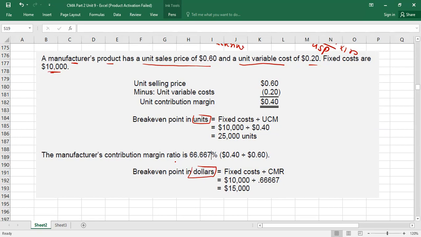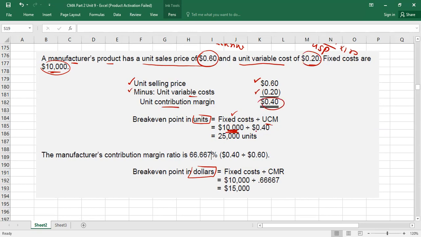If I want to calculate break-even point in units, I have to apply this formula: fixed cost, which is $10,000 given here, divided by unit contribution margin. Unit contribution margin I can calculate. How? I take unit selling price, which is $0.6, minus unit variable cost, which is $0.2. This gives unit contribution margin of 0.4.